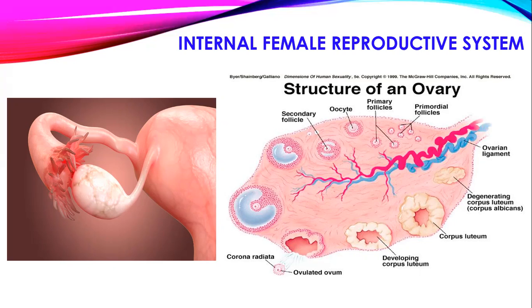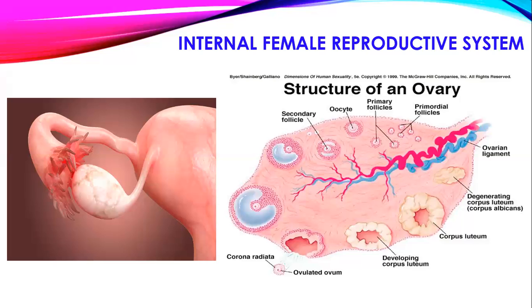The substance of the ovaries is distinctly divided into an outer cortex, this portion here, and an inner medulla right here. The cortex appears more dense and granular due to the presence of numerous ovarian follicles in various stages of development, from primordial follicles to corpus luteum.